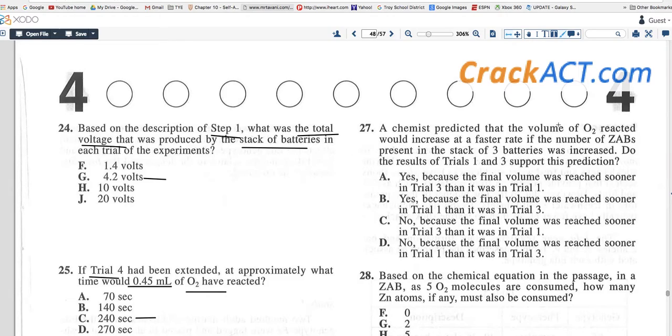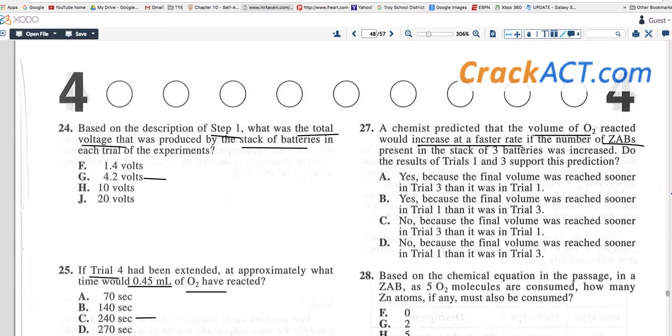A chemist predicted that the volume of O2. Who wants to do this? Lauren, give 27 a shot. So underline volume O2, underline increase. Faster rate, and then 3 batteries was increased, and then trials 1 and 3.